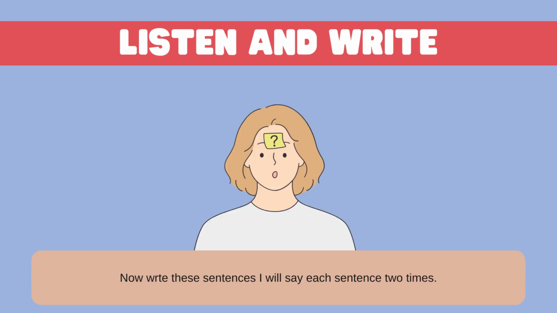Now read these sentences. I will say each sentence 2 times. Number 1, my mother works at home. Number 2, her aunt usually goes to work in a factory. Number 3, a waiter is usually polite.